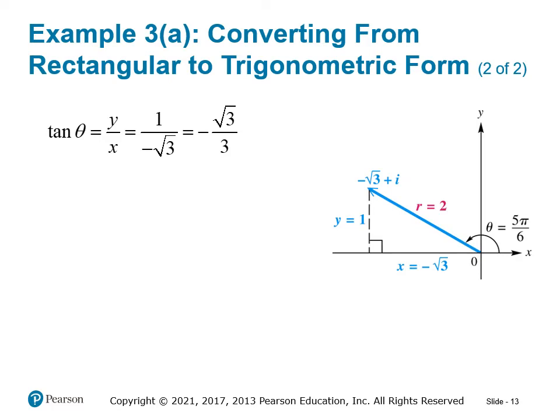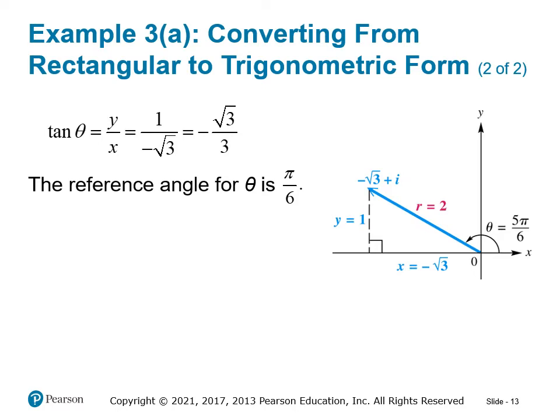We find our angle theta by putting y over x, which is 1 over negative square root of 3. So the tangent of theta equals negative square root of 3 over 3. And this angle is pi over 6, or 30 degrees. Now that's the reference angle inside that right triangle.